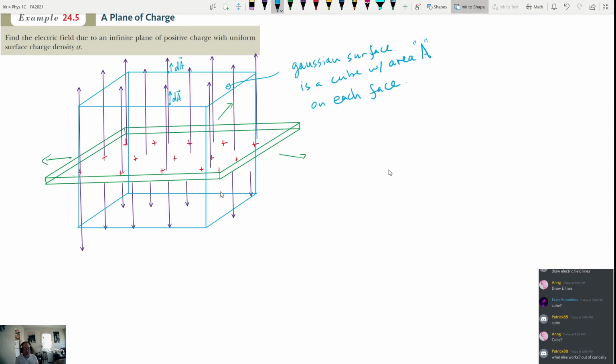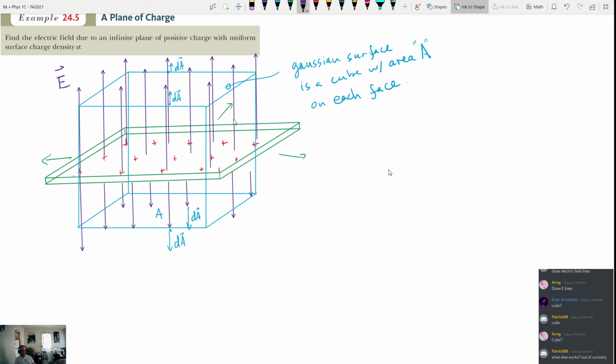Okay, so we're going to say that our Gaussian surface is a cube with area A on each face. The area of the top portion is A, the area of the bottom portion is A, and the side portions are A as well. We can also come down here on the bottom and draw our dA vectors. They'll all point straight down as well, meaning that everywhere on our surface, the electric field lines, which are represented by the purple, are parallel to the dA on top and bottom, and on the sides, they're perpendicular.